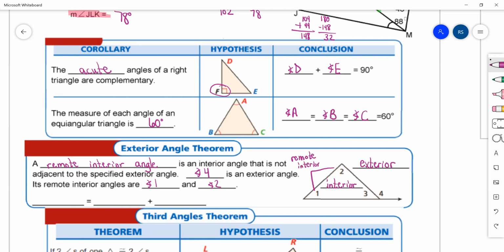They're away from that outside angle. What's special about this relationship, though, is that angle 4 is equal to angle 1 plus angle 2.